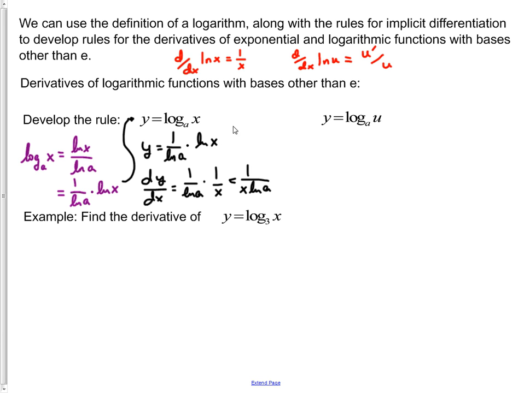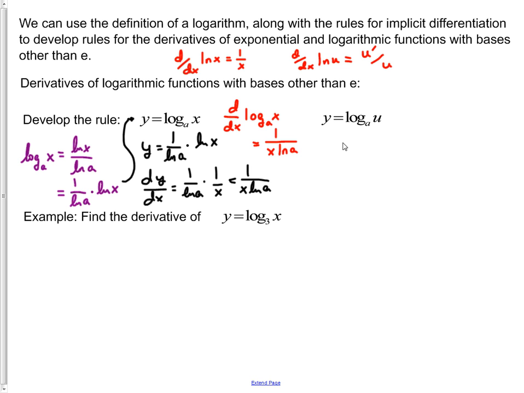Let me state this off to the side right here. So our rule: the derivative with respect to x of the logarithm base a of x is the same thing as 1 over x times the natural logarithm of the base a itself.